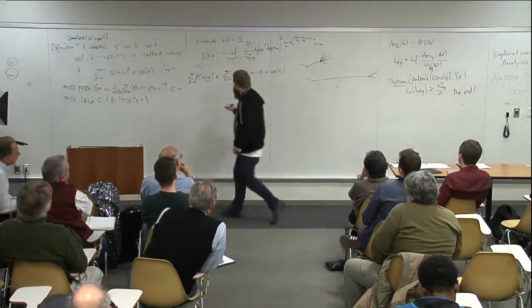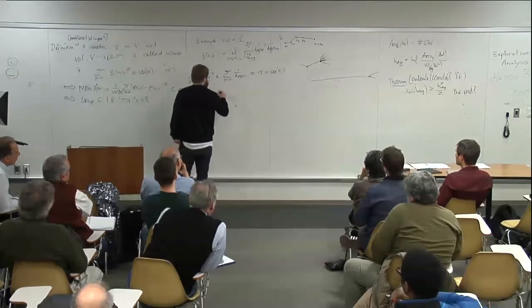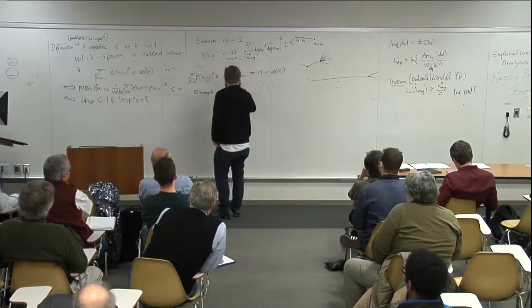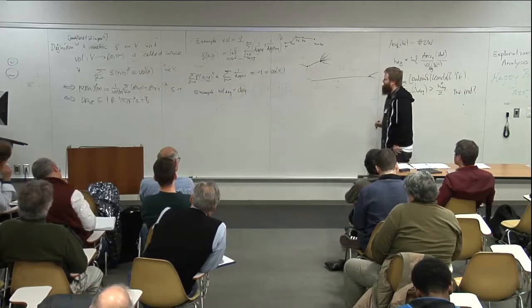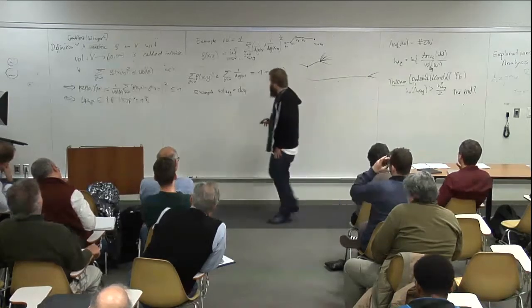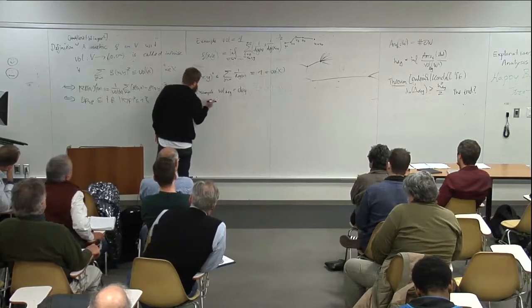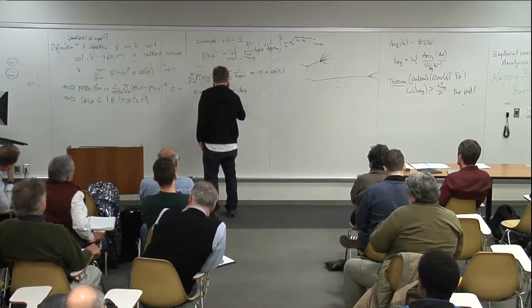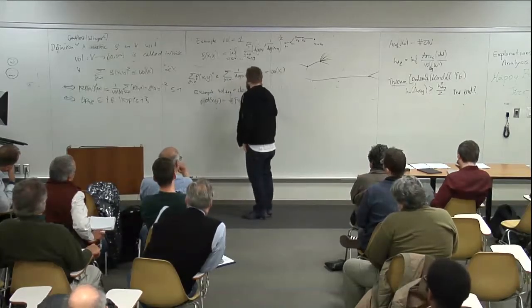Let's look at another example. If you count edges, and you look just at the combinatorial graph distance, that's just the number of edges you need to get from x to y.